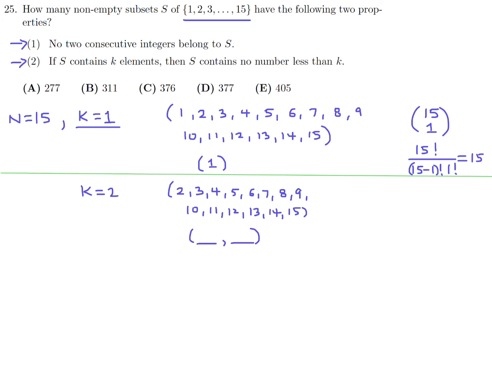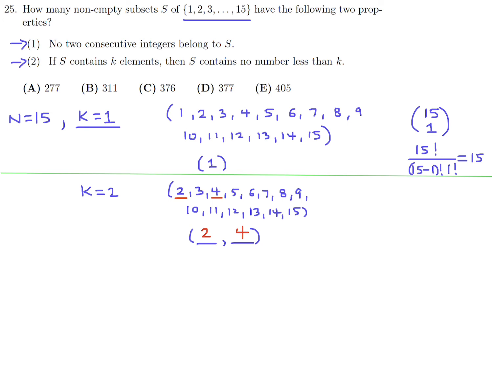So how do I do that? Well, let's do it in the simplest way possible. I'll choose 2, and then I can't choose 3. Why? Because remember the rule, no two consecutive integers. So I've got to choose maybe the 4. That is one way of doing it, according to the rules of the question.